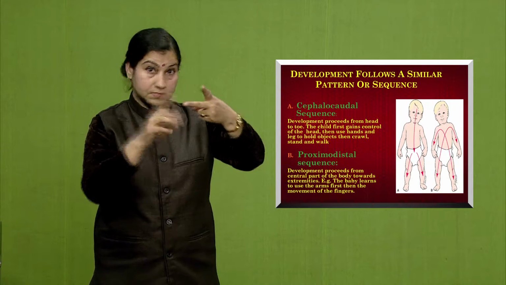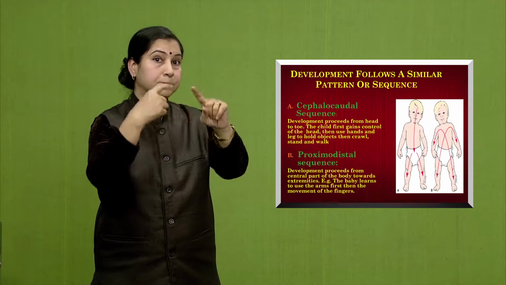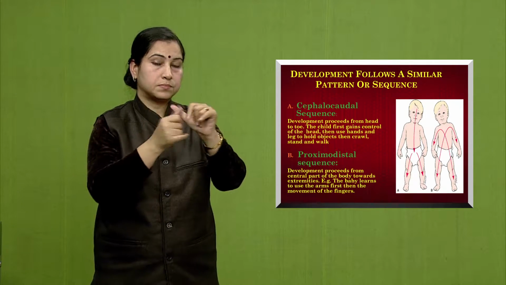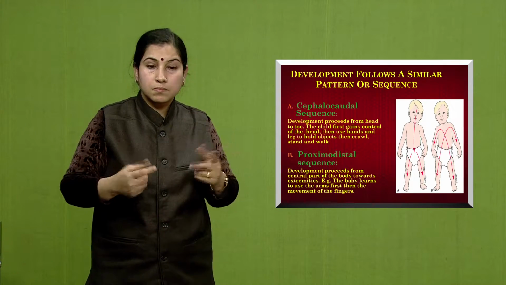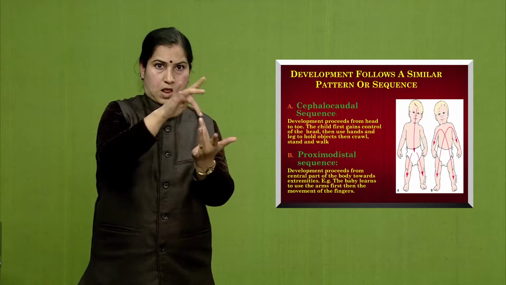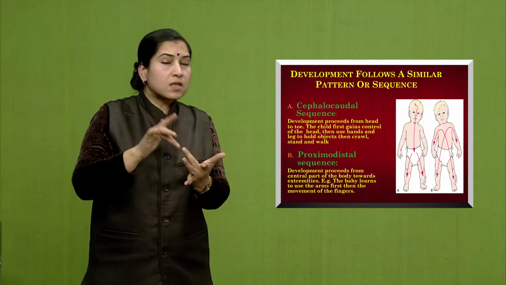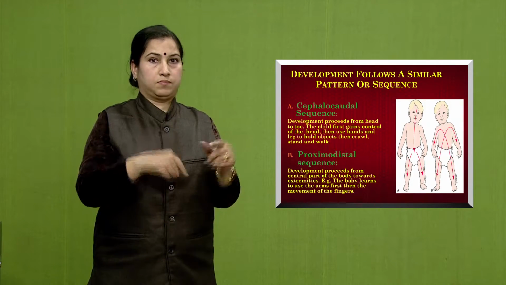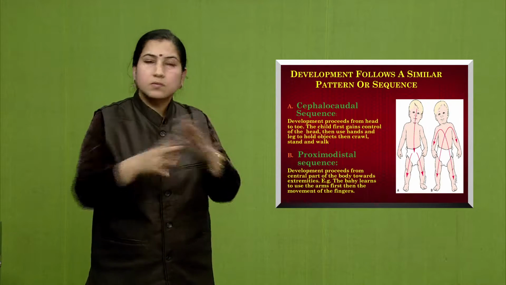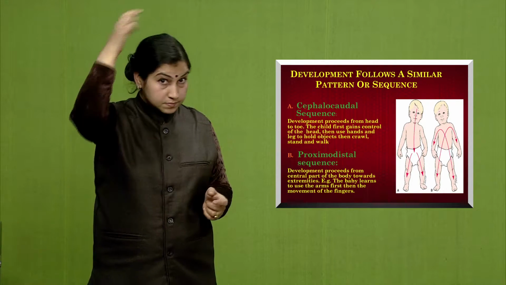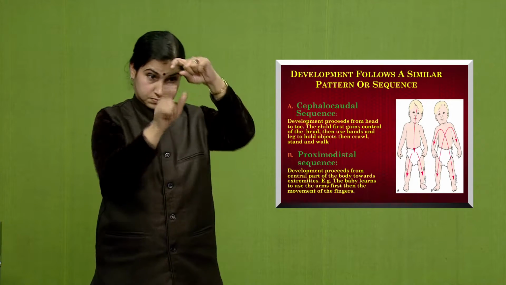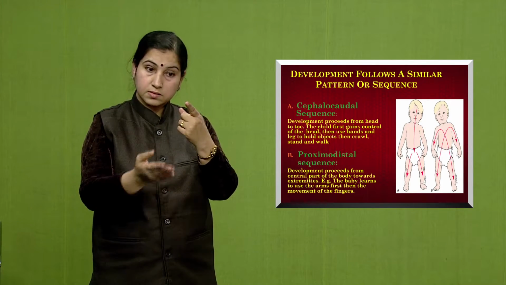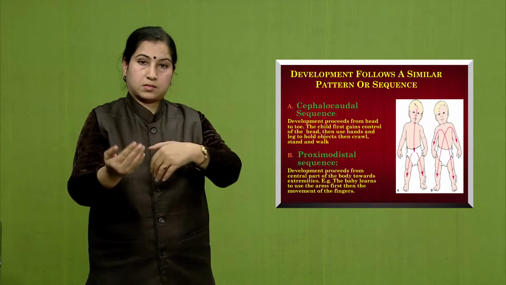Second is proximodistal sequence. The development which proceeds from central part of the body towards peripheries. In this sequence, the spinal cord of the individual develops first, then outward development takes place.